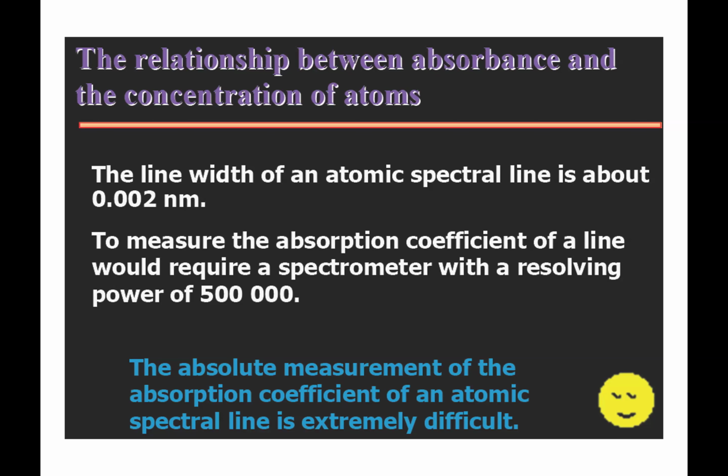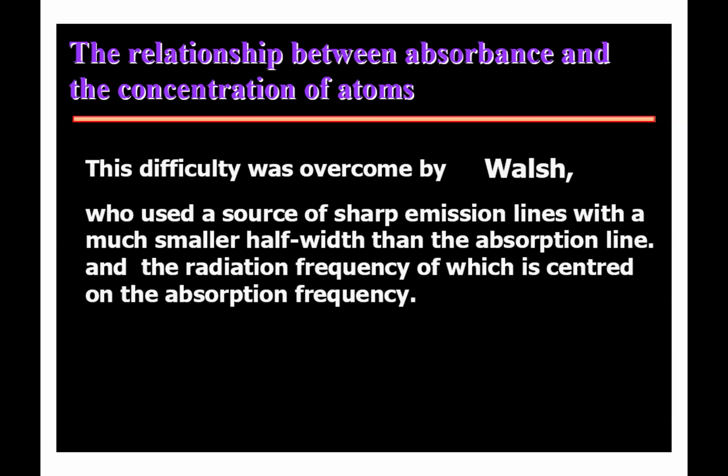The absolute measurement of the absorption coefficient K, remember K, from bottom to top, the maximum height. The absolute measurement of the absorption coefficient of an atomic spectral line is extremely difficult because of the line width. And Walsh realized in this paper, which he derives from physics, that this difficulty was important to overcome. So in order to have that small line width and measure your wavelength within that window, he realized that you need a source of sharp emission lines.